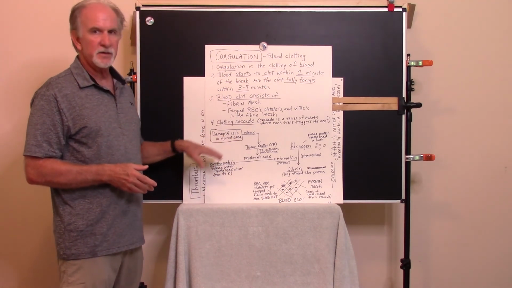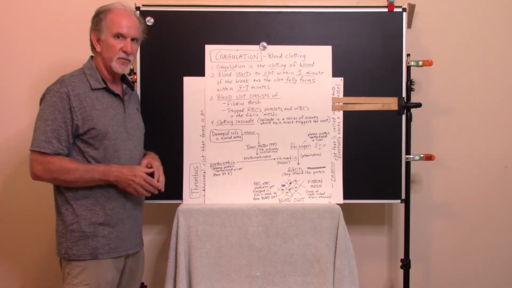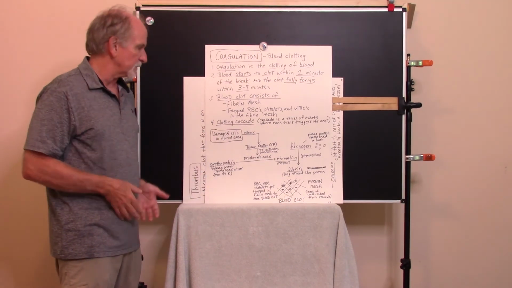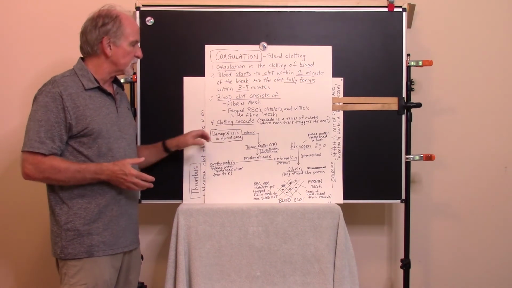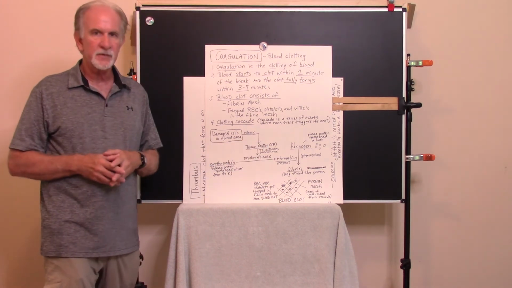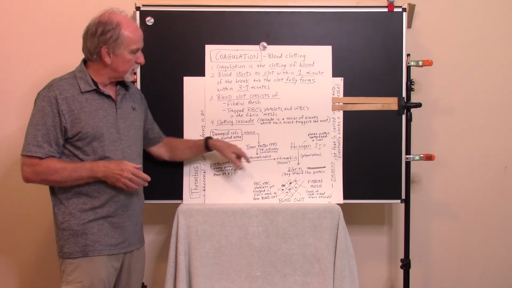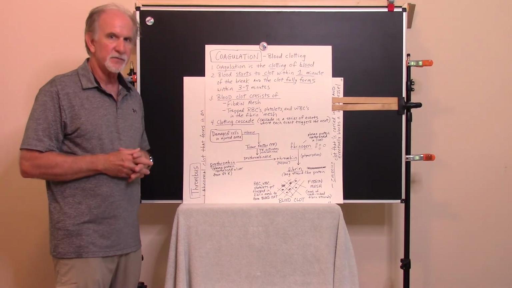It begins with cells that are damaged in an injured area with broken blood vessels. These damaged cells release a chemical called tissue factor. Tissue factor then activates an enzyme called prothrombinase.